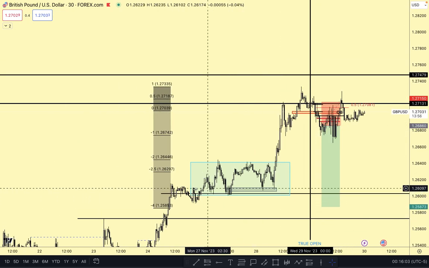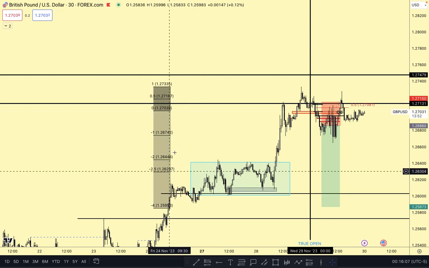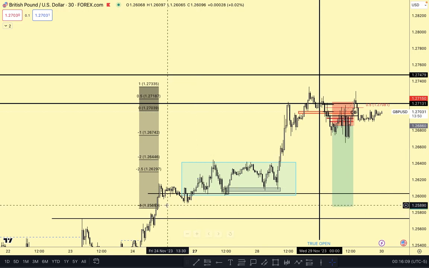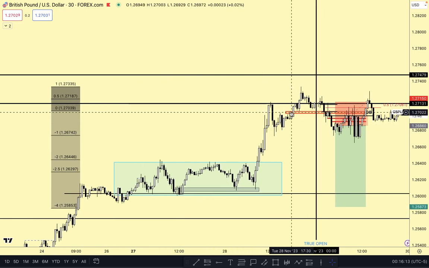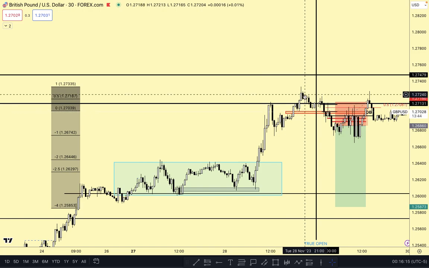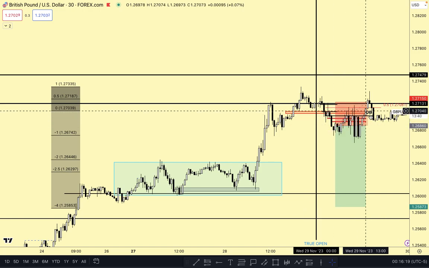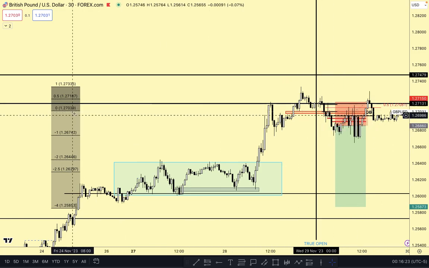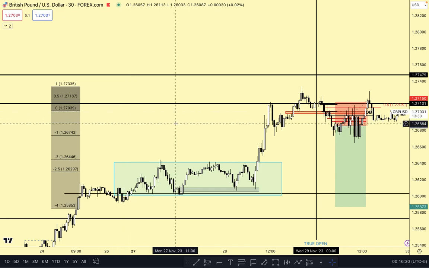So why did I have this level in particular to say that that's where I wanted to take profits? I measured the swing up, the last one before the price began to move downwards. So from that low here, you can see in reference to that standard deviation fib.